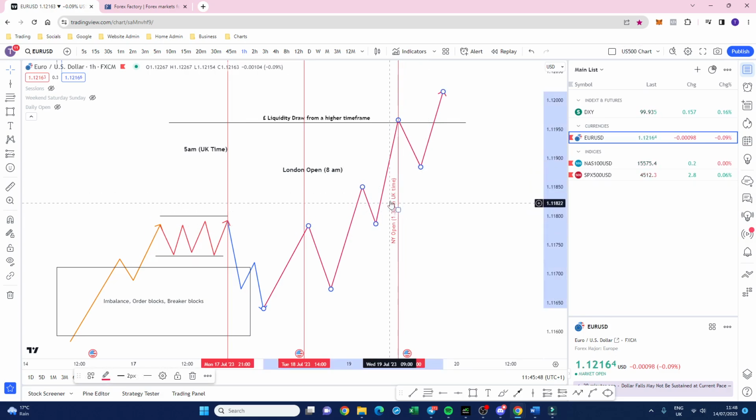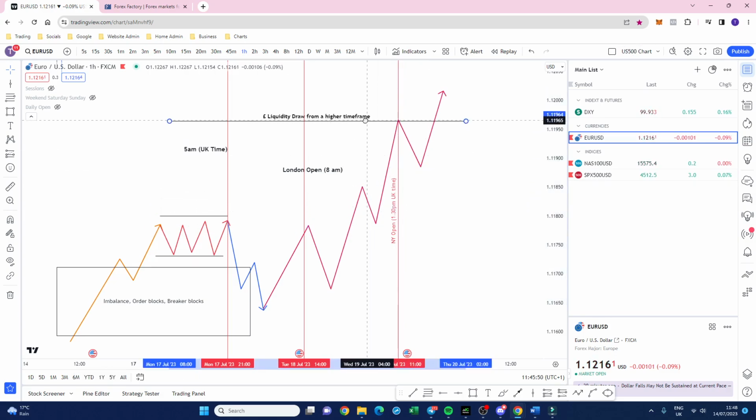Now, what you end up getting, obviously, we can see here, as long as you haven't hit your draw on liquidity here, all you're doing is you're doing exactly the same thing. The thing to remember, guys, is price is fractal, meaning this works on every single time frame, every single pair, every single asset, and it's all about time and price.